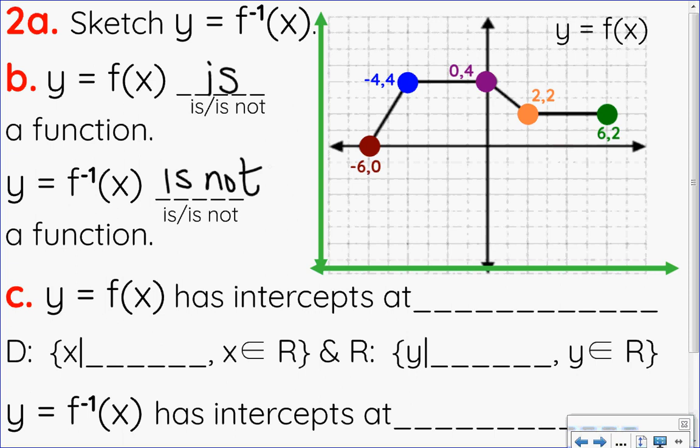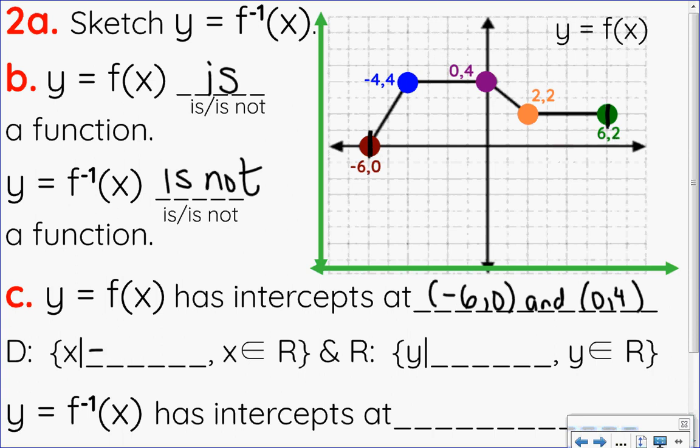Okay, so just to finish off with the function here, the function f of x has intercepts at, well, we can see it has an x-intercept at (-6, 0), and it also has a y-intercept at (0, 4). Now let's talk domain and range of this function. Domain goes between -6, right here, and +6.